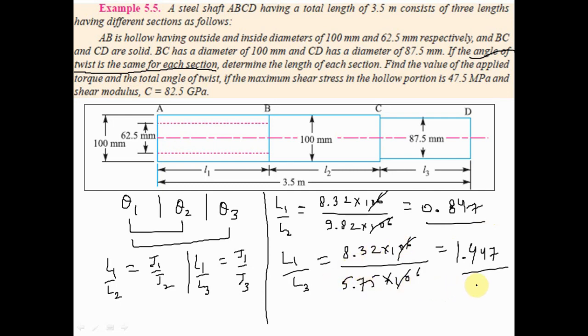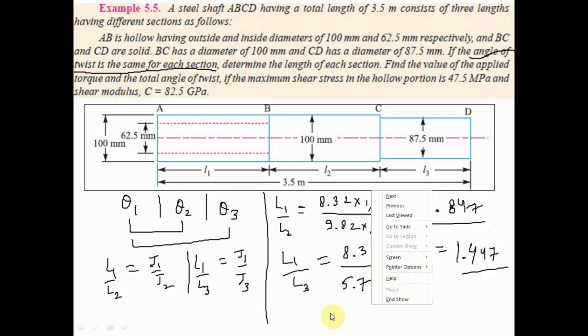Take a note of this: L1 by L2 is equal to 0.847, L1 by L3 is equal to 1.447. Then I am going to erase.